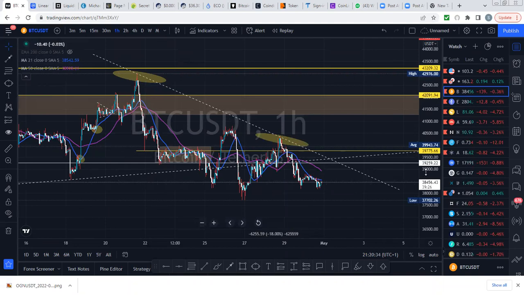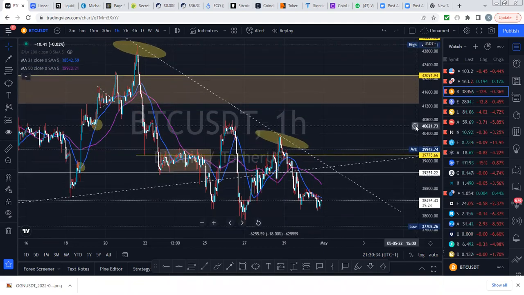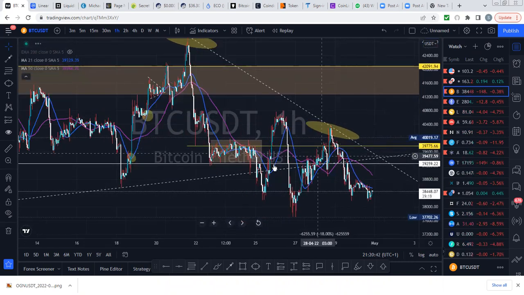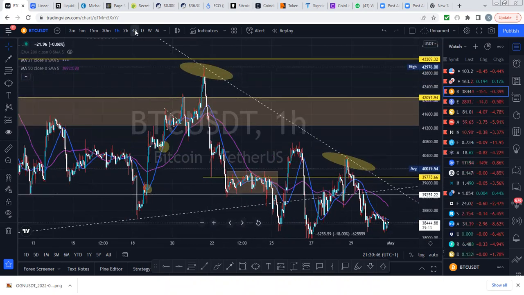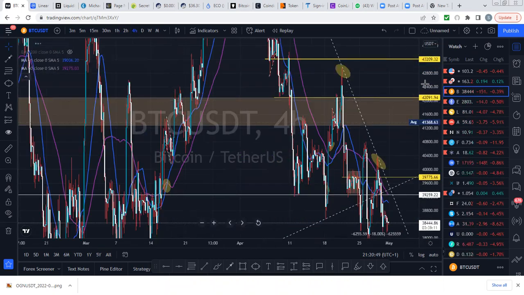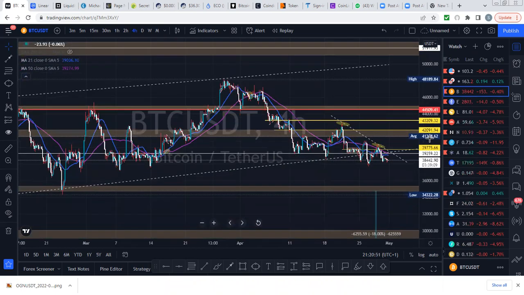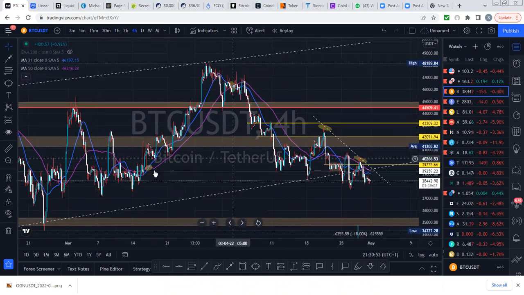Okay, now we have two moving averages here. So whenever price, look at what happened here. Look at what happened here. There was a cross here. There was a cross here too.